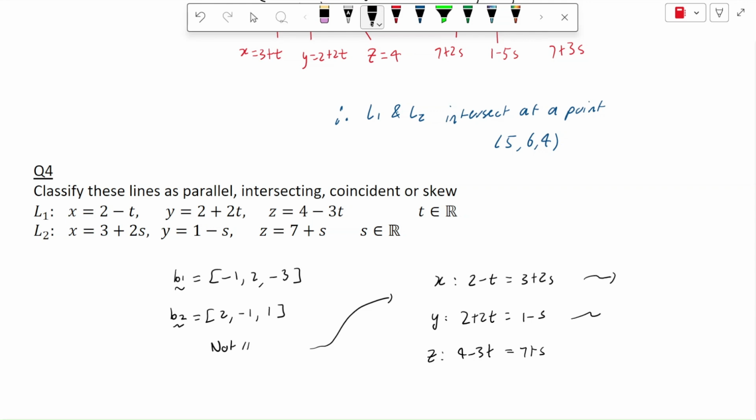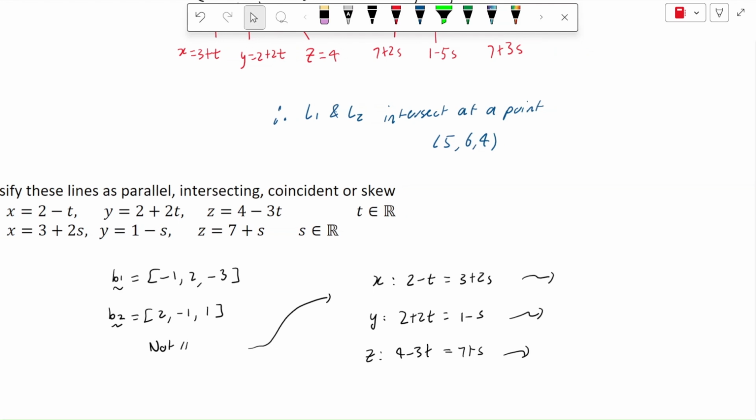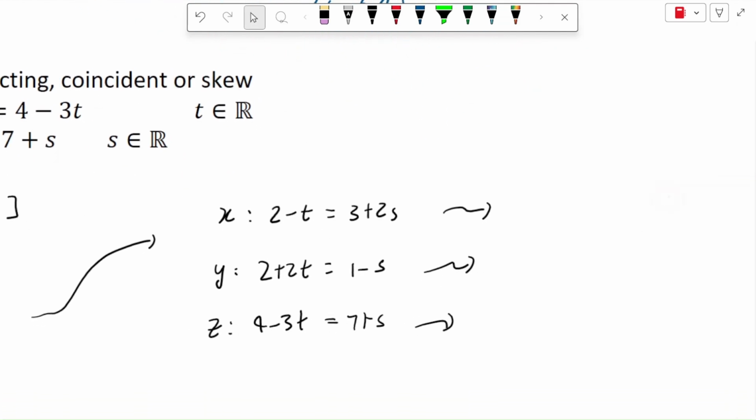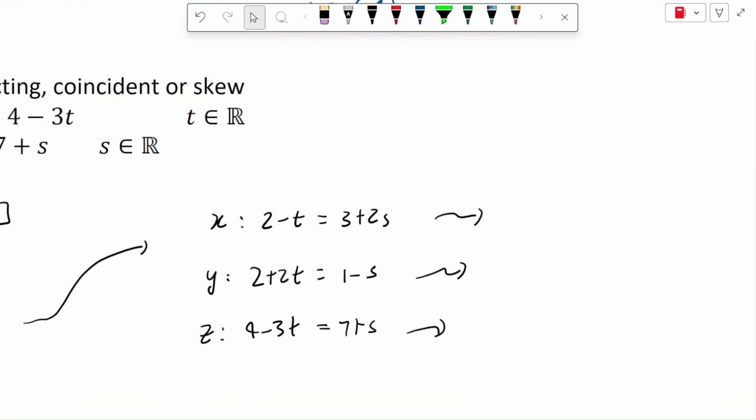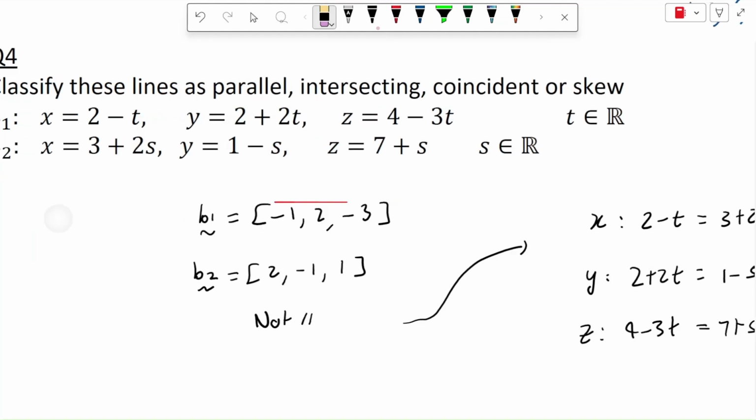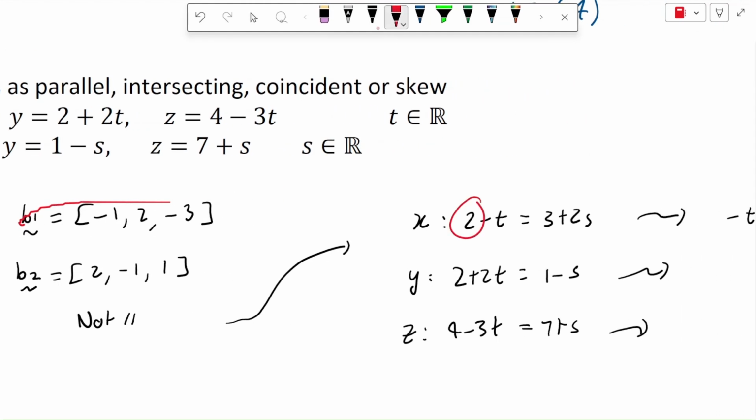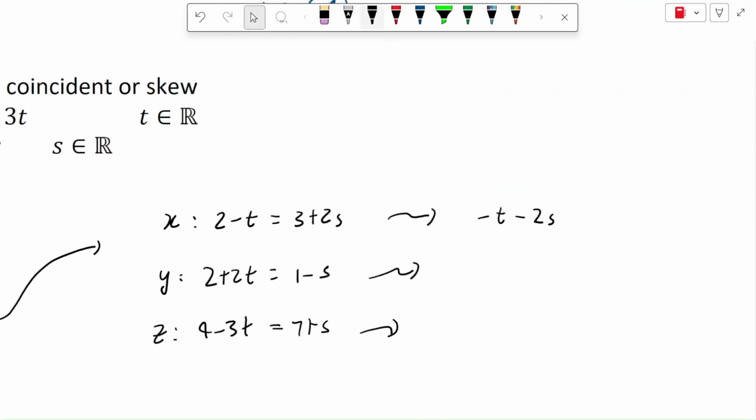We do a little rearrangement on that. So t's first, then s's, then constants. So we're going to have minus t on the left-hand side, take 2s, because the 2s had to move over to the left-hand side. And then when we move the 2 over here, we're going to get 3 take 2, so we get 1 on the right-hand side.